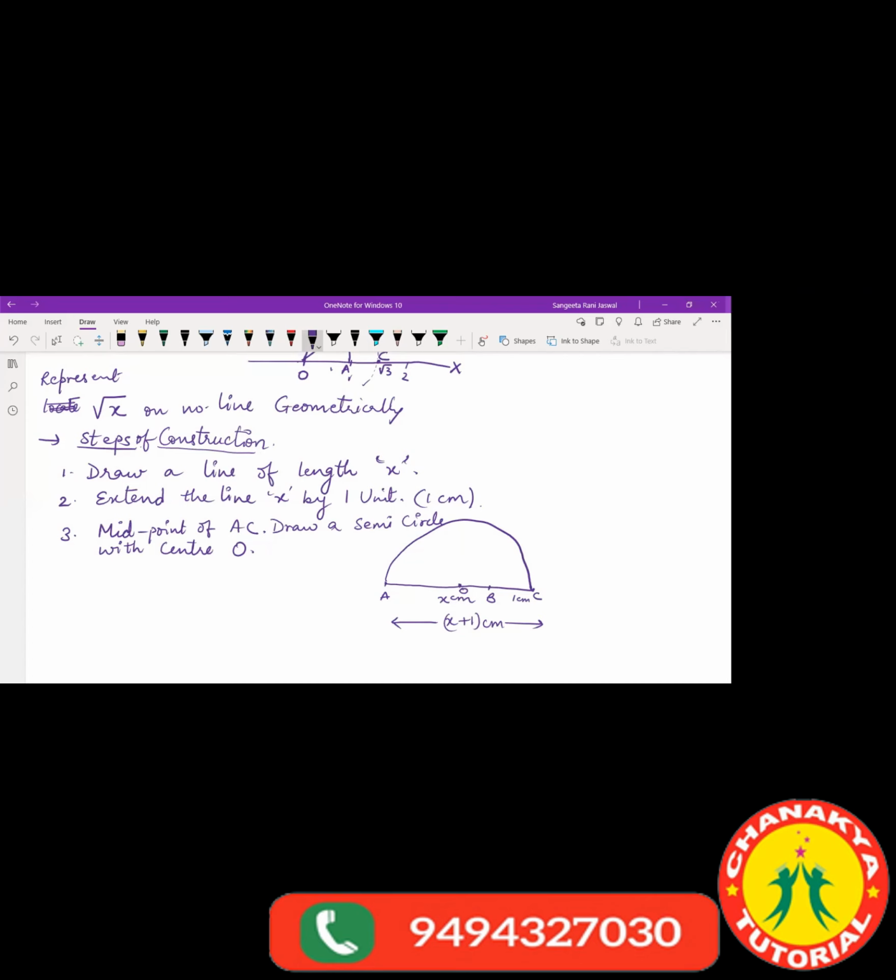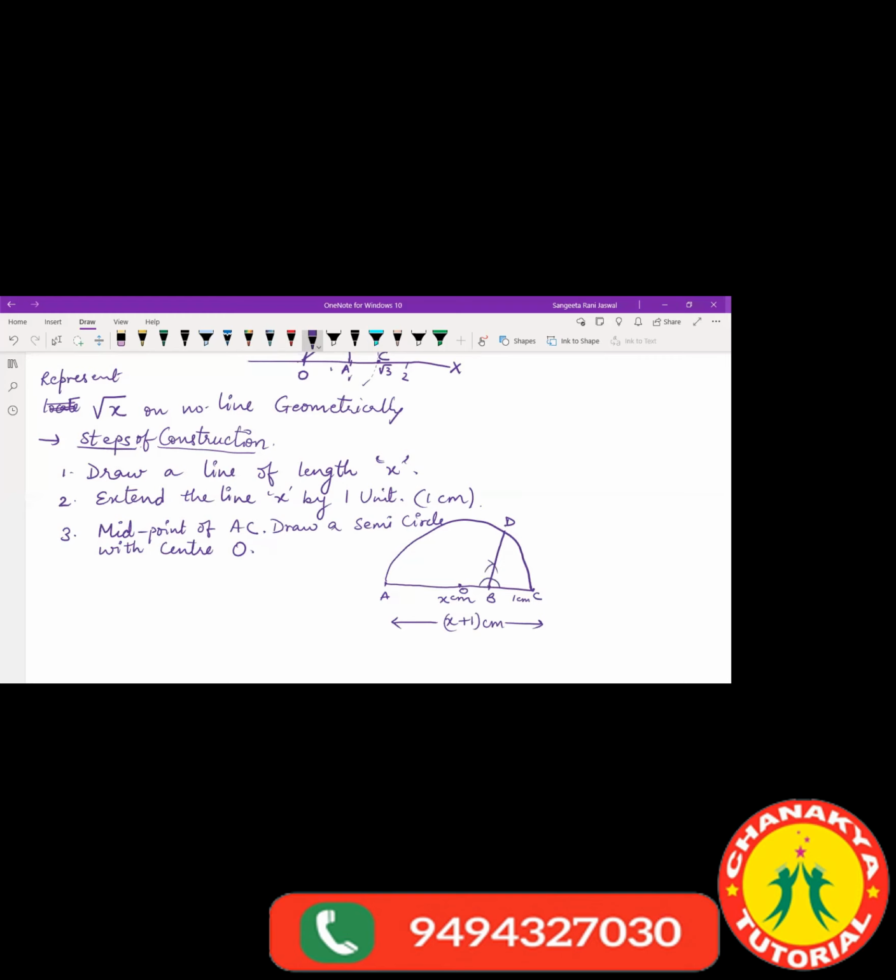Now, you will take your scale and you will join this point B straight with this semicircle. Straight like this. Okay? With D. Just take your scale and join it perpendicular. And if you do not know how to draw a perpendicular, then you can take like this. Take a perpendicular distance, draw it like this.